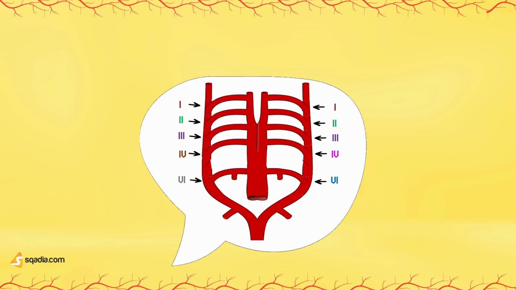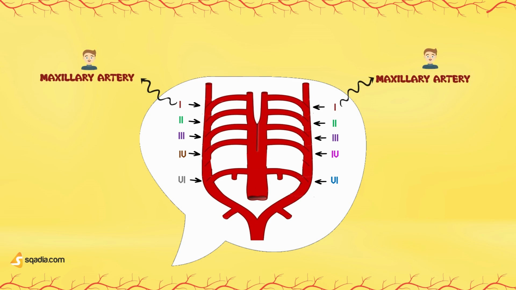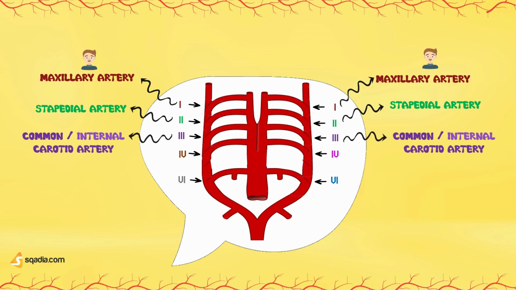Aortic arch 1 becomes maxillary artery. Aortic arch 2 becomes stapedial artery. But it is very rare. Aortic arch 3 becomes common carotid artery and proximal part of the internal carotid artery.